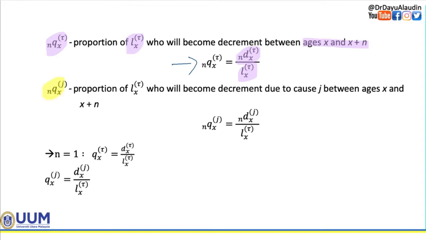Next is ₙq_x^(j), the proportion of l_x^τ who will become decrement due to cause j between each x and x plus n. So instead of using ₙd_x^τ, now we use ₙd_x^(j), but still we divide by l_x^τ. And for the n equal to 1 case, the notation would be like this, and we take from x to x plus 1.